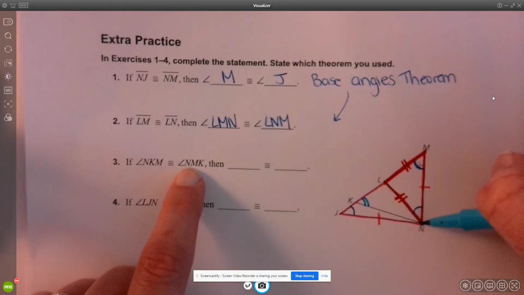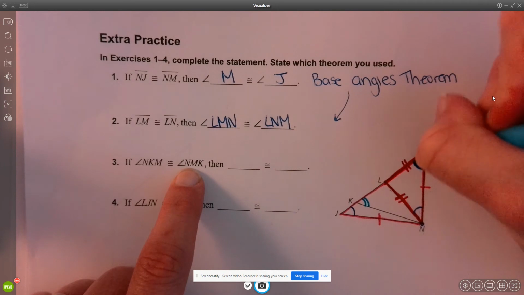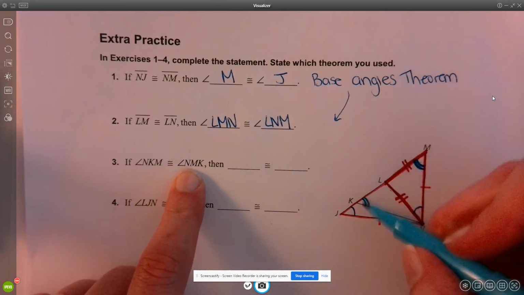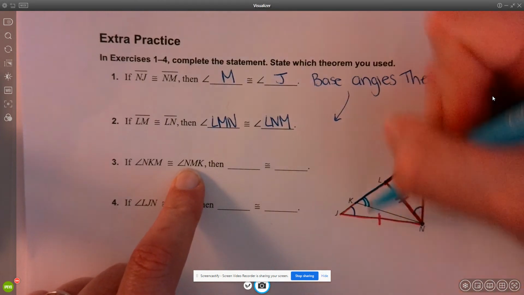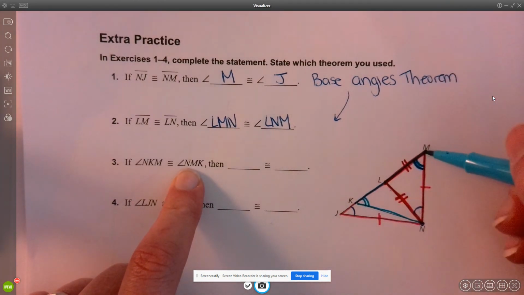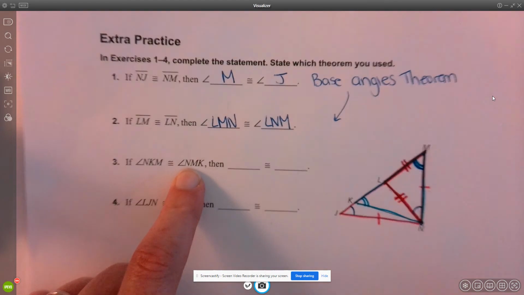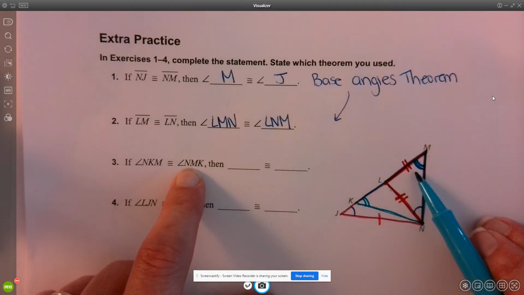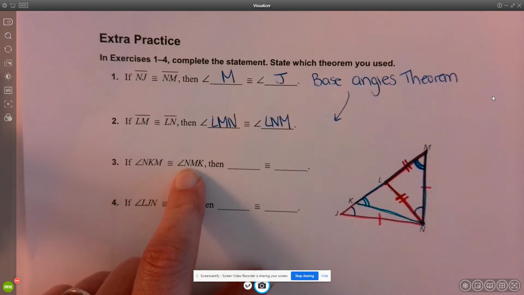NMK, that's this one. So I'm going to put 2 arcs here. Now this is the triangle we're talking about. We have to figure out if these are the 2 base angles that are congruent, what are the 2 sides of the isosceles triangle that are congruent.